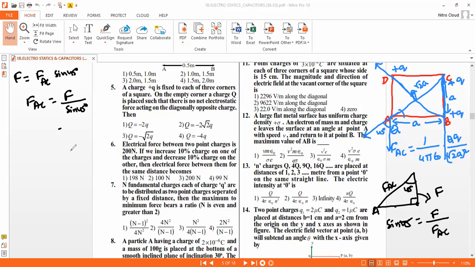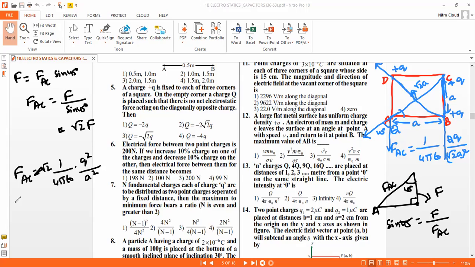Sine 45 is 1 by root 2, so I can write root 2 f. That is FAC equal to root 2 times 1 by 4 pi epsilon naught q square by a square.